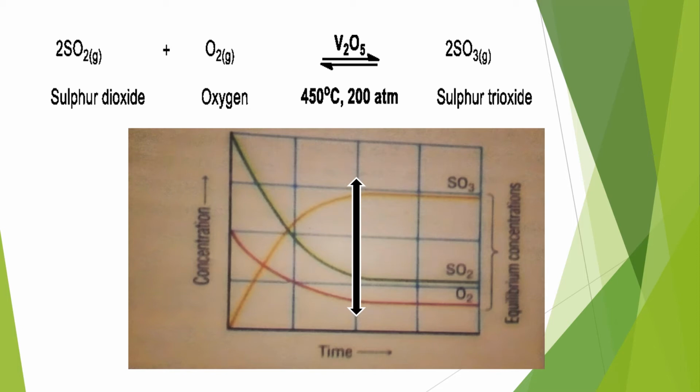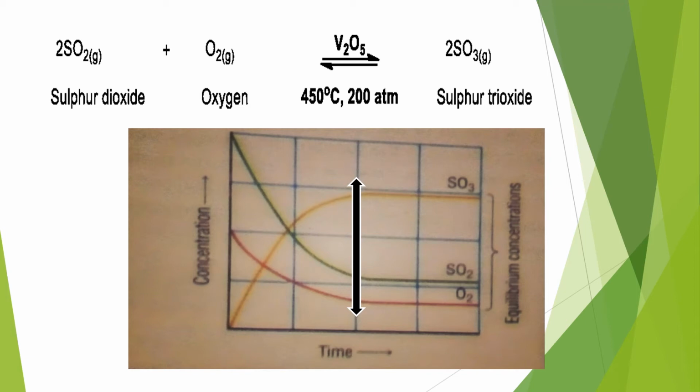This shows that at this time the rate of the forward reaction and the rate of the reverse reaction become equal. It means the formation of sulfur trioxide and its decomposition into sulfur dioxide and oxygen become equal. So when the rate of the forward reaction and the rate of the reverse reaction become equal, we say that chemical equilibrium has been established.